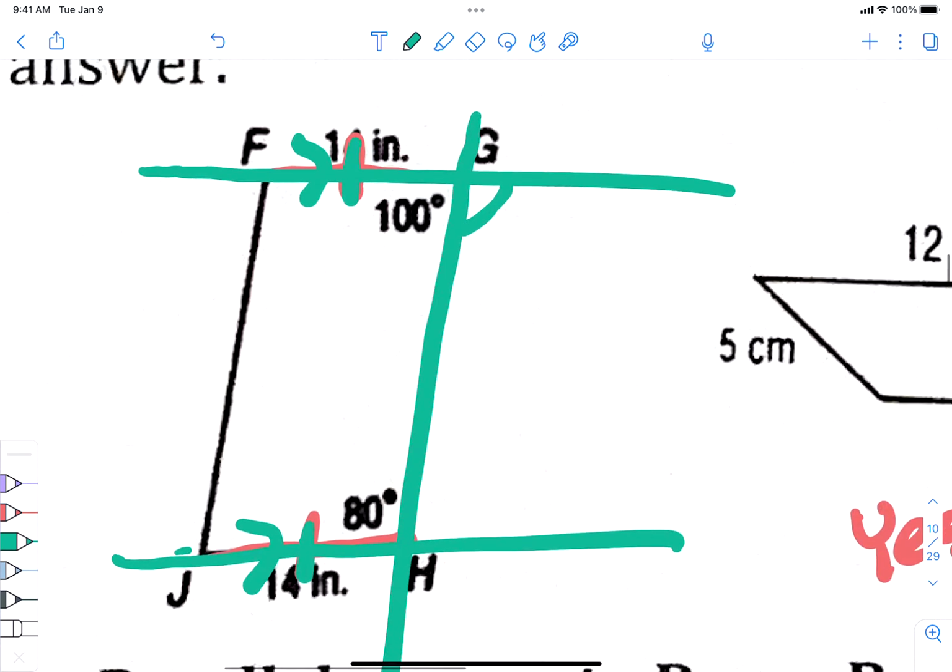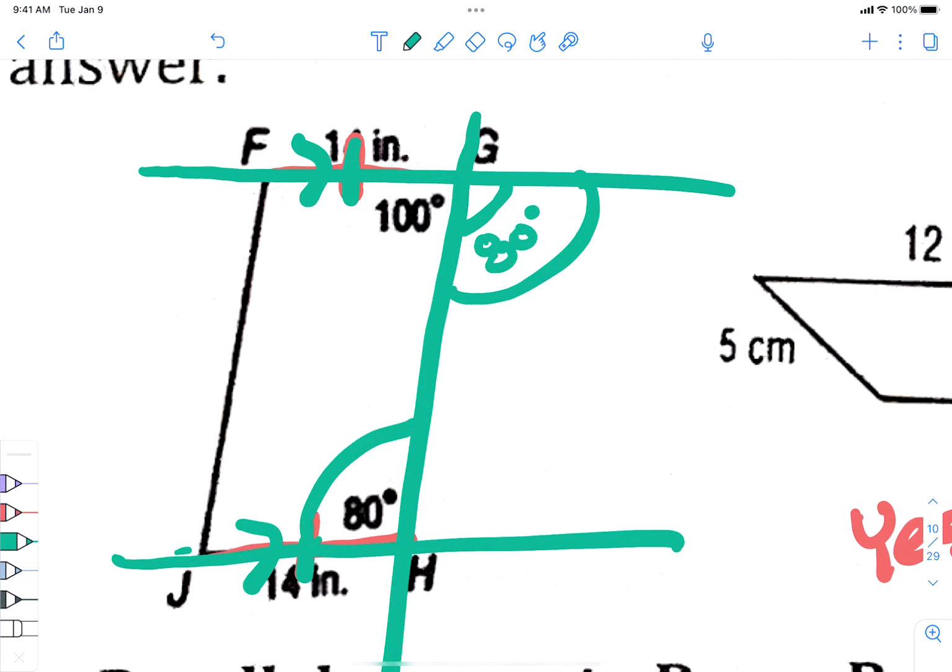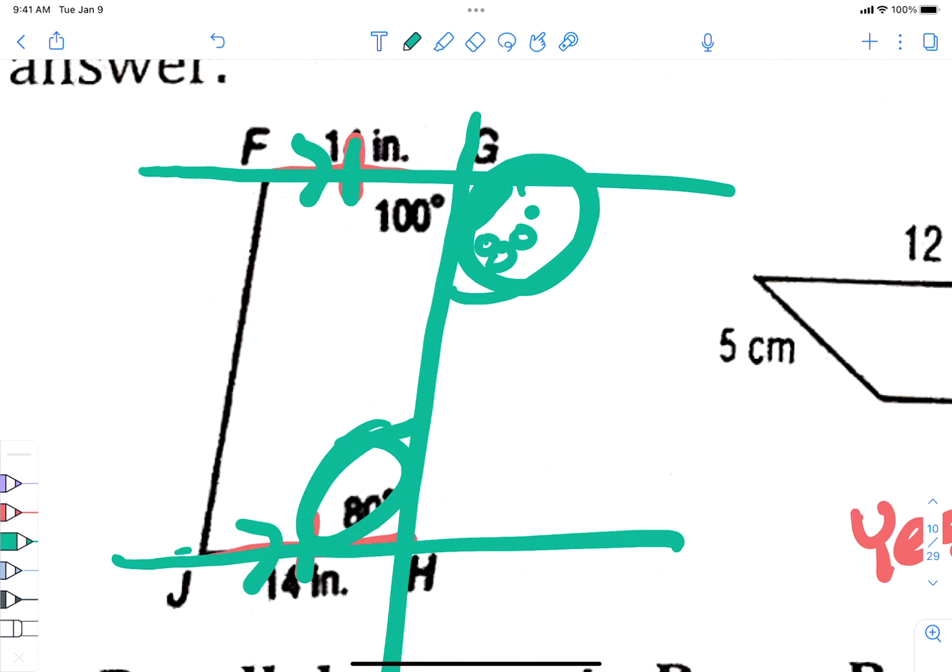What will that top angle be? 80. Okay, now this 80 and this 80 are alternate interior angles and they're the same measure. So does that mean that top and bottom are parallel? Yeah, if the alternate interior ones are the same, then those have to be parallel to each other. They can't be slanted a different way because they're the same measure, right? So now we have shown, given those two angles, that the top and the bottom have to be parallel, right?